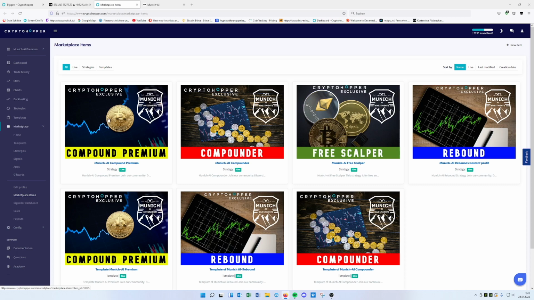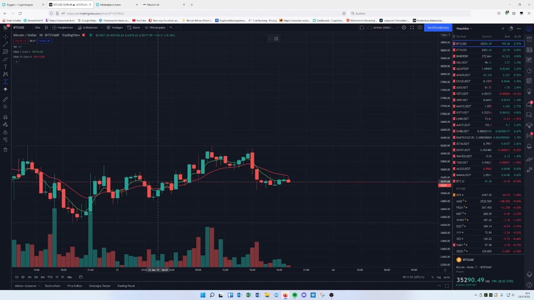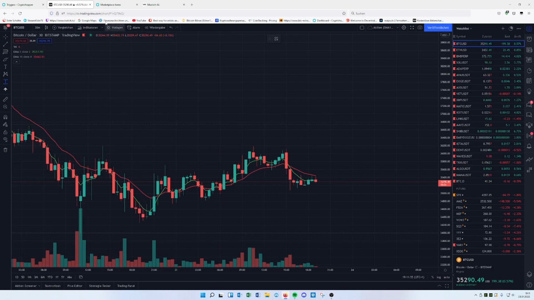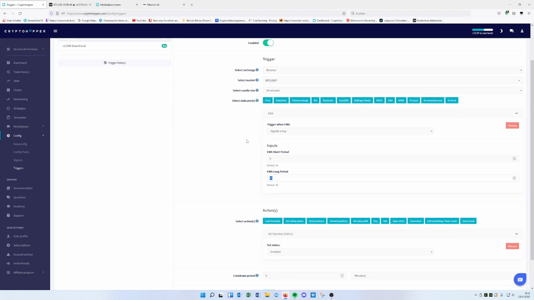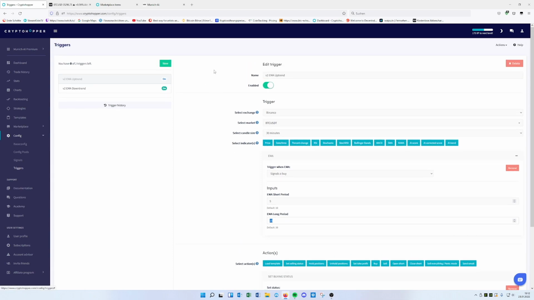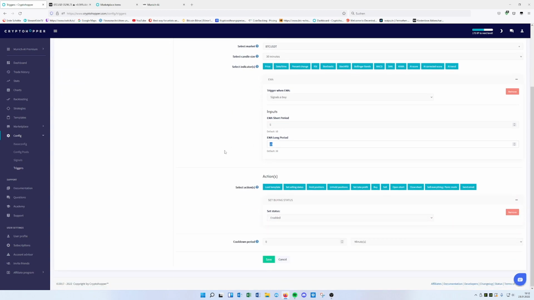So this will work perfectly together with the EMA 5/15. I will show you on the trigger how to set it up. We put in the 30 minutes time frame. We click here on EMA signals a buy, because this is enabling on the uptrend. We put in 5/15. This is the if phrase, and then what happens?